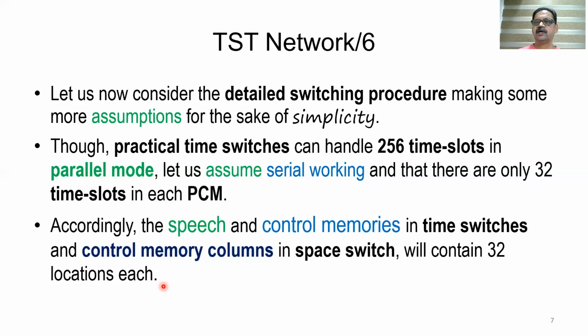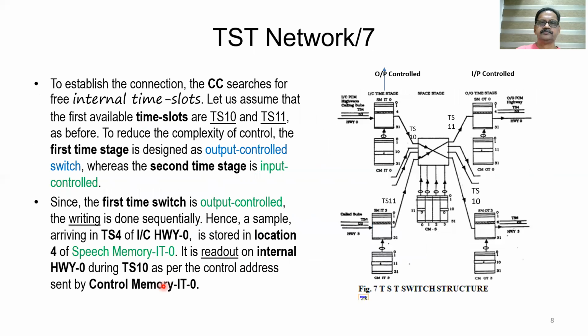In the time switch, you will have both speech and control memory locations, whereas in the space switch, you will have control memory columns with 32 locations. Further, here you look into the total setup drawing. Let us go through the contents step by step.